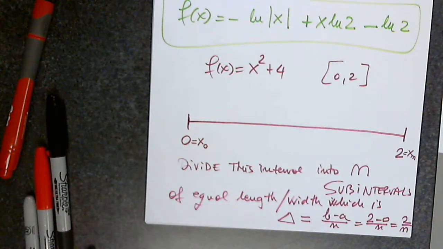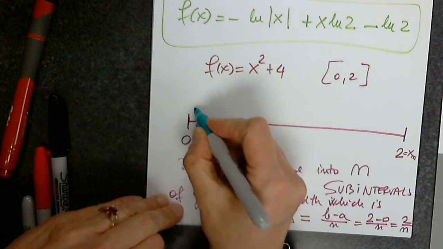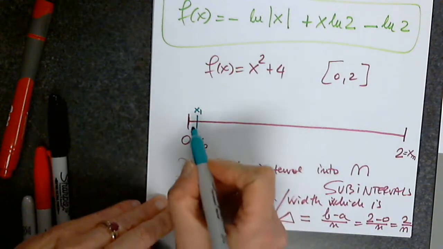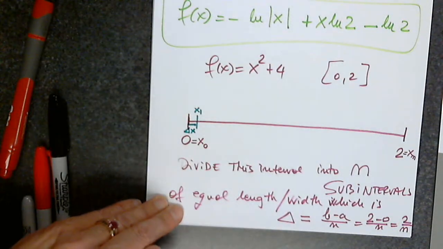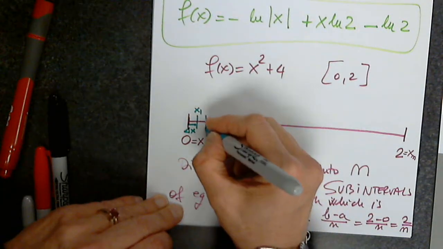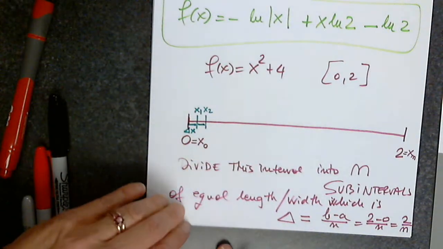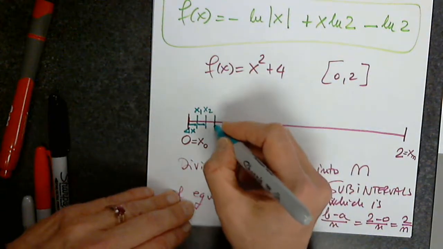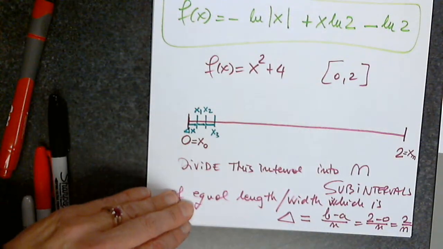Okay, so here's my first subinterval. This is the first subinterval, and it has the width of delta x. This is the second subinterval, and it has the width of delta x. This is the third, and now I'm sure you're going to ask, are you going to do this all the way?